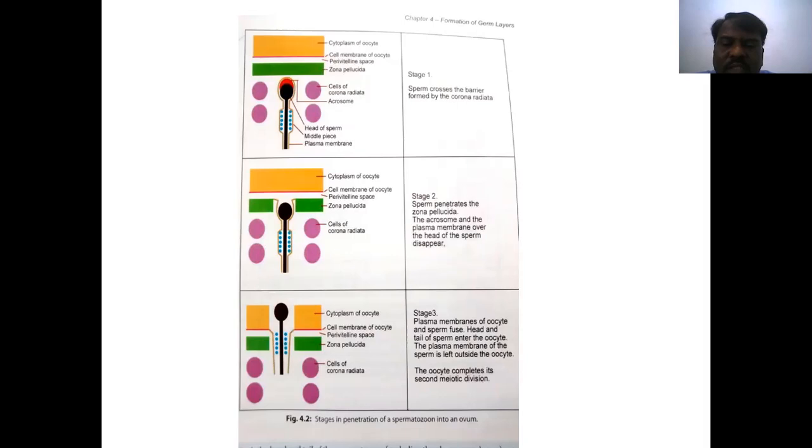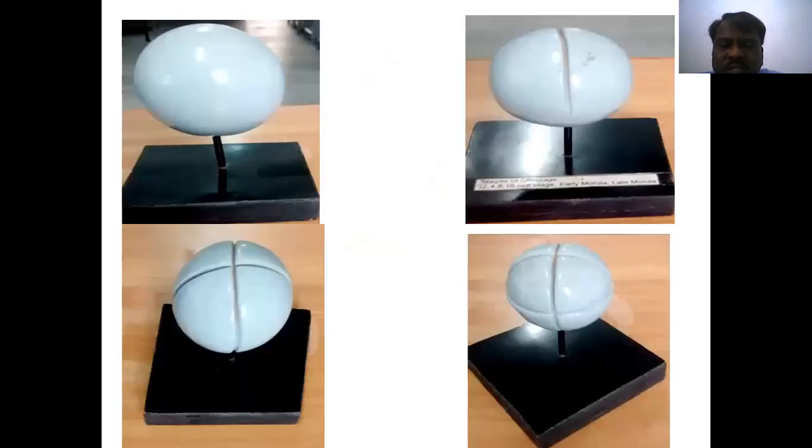These two cells fuse together like a single cell. Then the chromosomes are exchanged: from the mother, pronucleus 23 XX, and from the father, 23 XY.